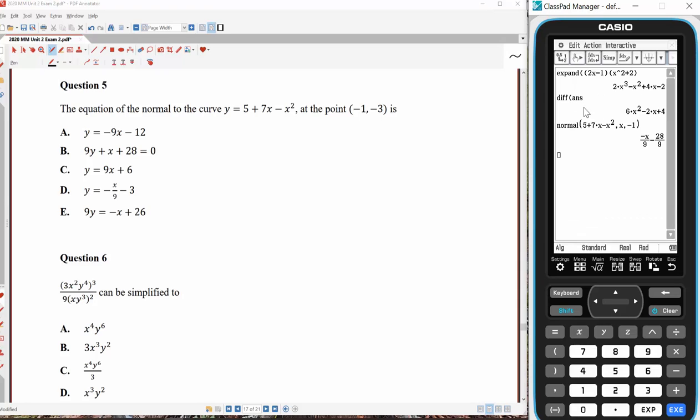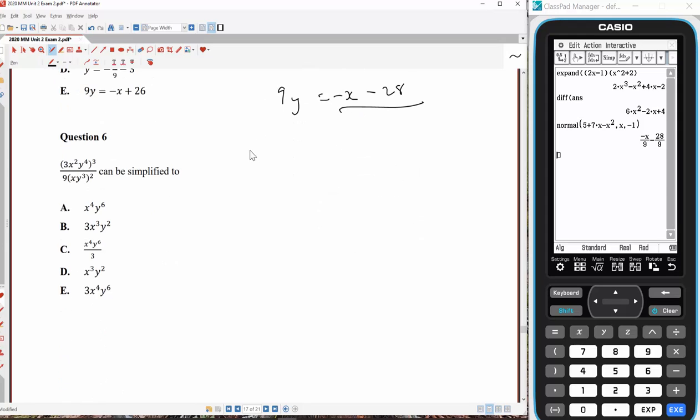So we hit OK, and there it is there. Now we just check whether any of them are in that form, and none of them are. So I usually then write y equals -x over 9, take away 28 over 9. 9y equals -x, take 28. It looks to be this one when these two are added to both sides.